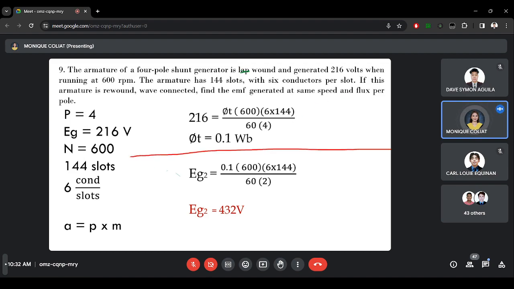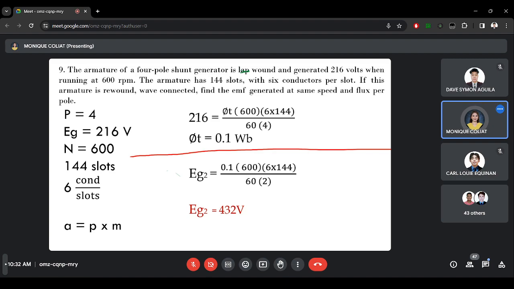So, this problem has two conditions. The first condition says that it is lap wound, or lap winding. The second condition says that it is rewound and is now wave connected. So from lap, it became wave. What does it mean?